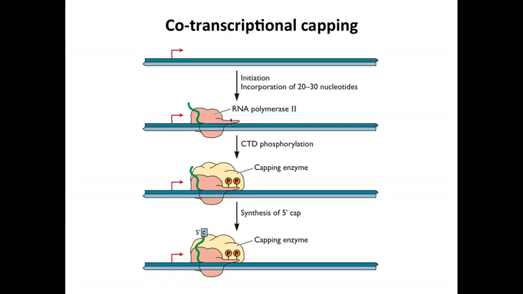When the RNA polymerase has gone about 20 to 30 nucleotides down the template, the C-terminal domain is phosphorylated, with the addition of 2 phosphates to this extension of the enzyme at the C-terminus. That signals for the capping enzyme, shown in yellow here, to come in and bind to the RNA polymerase and cap the 5' end of the growing mRNA. So you can see that capping occurs co-transcriptionally, only after about 20 to 30 nucleotides of mRNA have been made, and the signal is phosphorylation of RNA polymerase II.